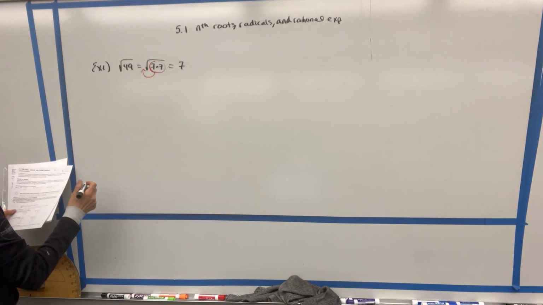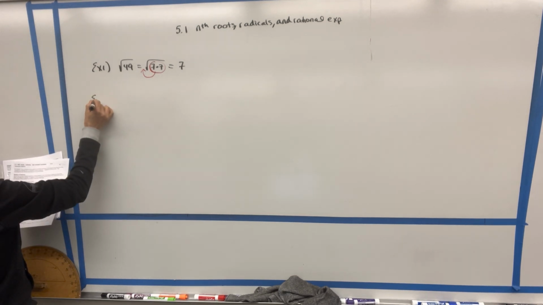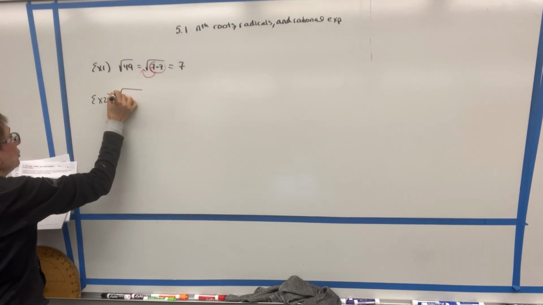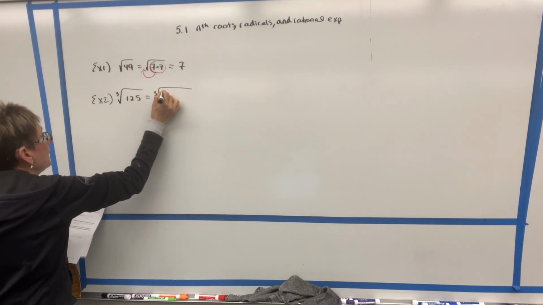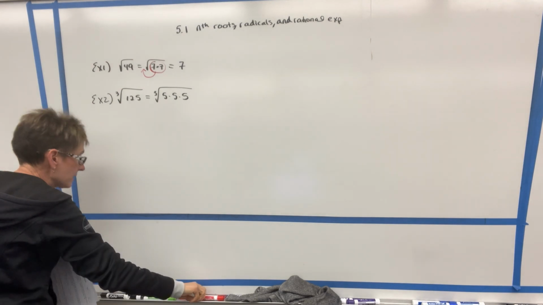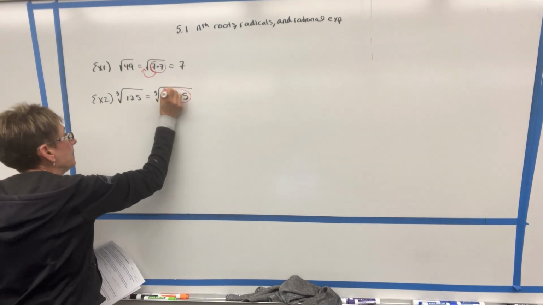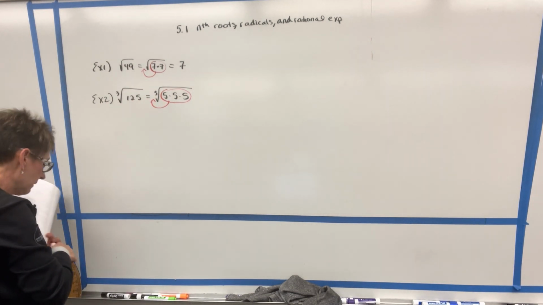We can use this concept to also take a look at different kinds of roots. So for example, the cube root of 125. 125 is 5 times 5 times 5. Since I'm looking for a cube root, I'm looking for groups of 3. So the answer to this problem is just going to be 5.